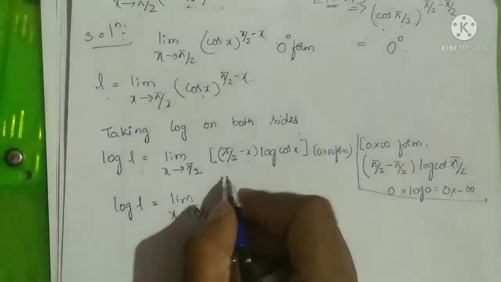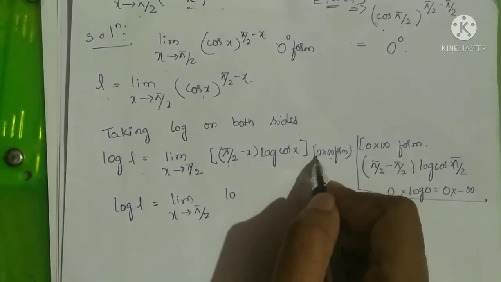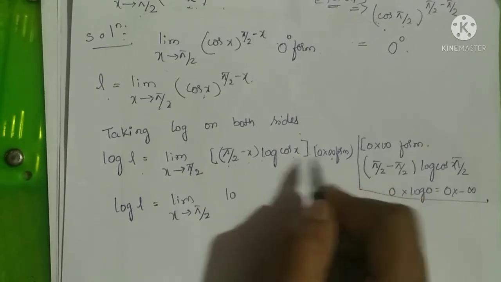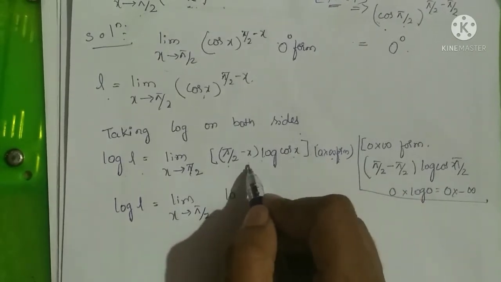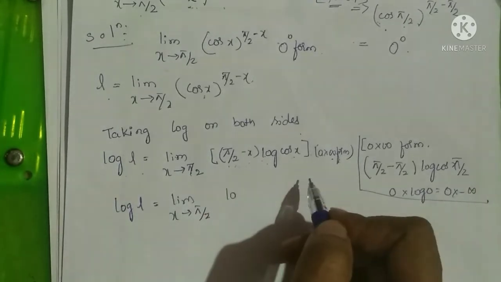When you have 0 into infinity form, what does this type say? It says that you have to convert the given function into infinity by infinity form or 0 by 0 form.